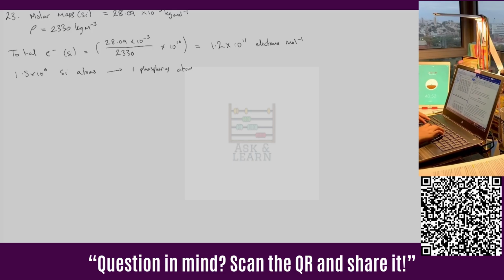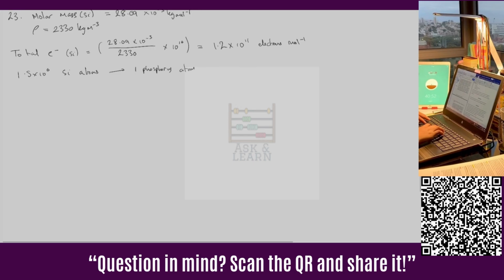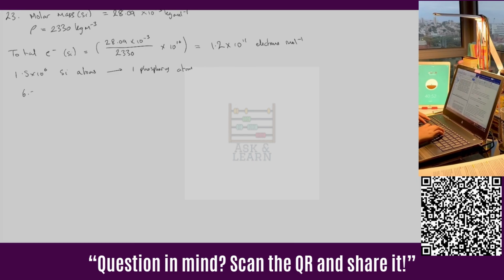So let's look at this by saying that in 1 mole of substance we have 6.023 times 10 to the 23 atoms and divide it by the number of silicon atoms, i.e. the ratio of silicon atoms we have, and this gives us 4.013 times 10 to the 17 additional conduction electrons.